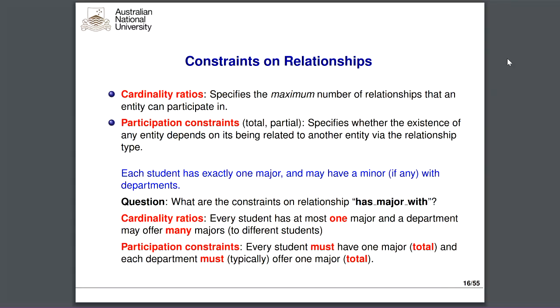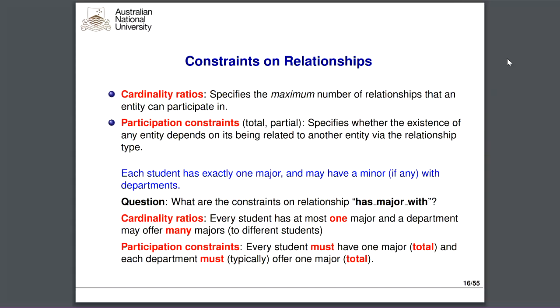So those are constraints on the relationship, right? Again, the relationship can be defined as a relational schema, and then we want to put some constraints there. This is the constraints for the ER model. Then in the relational database model, the constraints are somewhat different, but they can be translated.